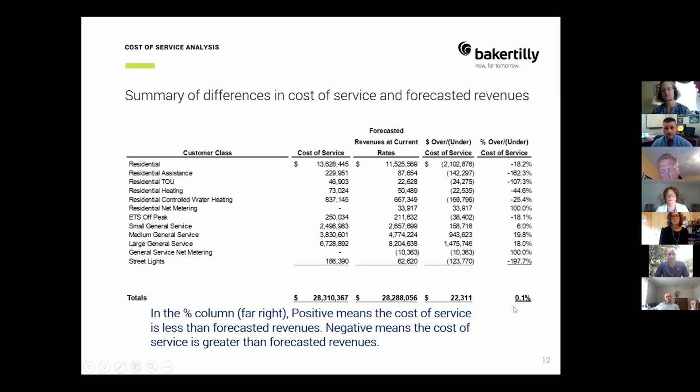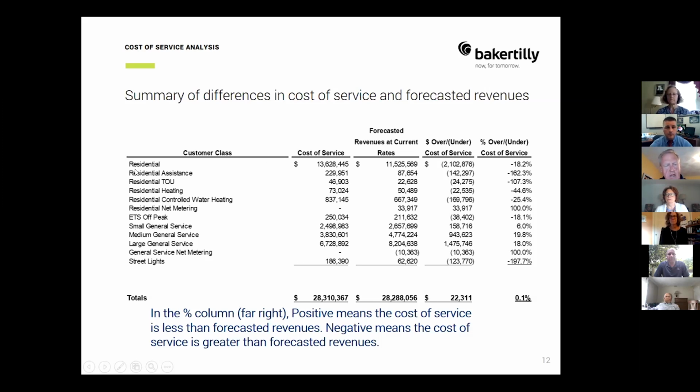So overall, you can see that cost of service and revenues are right on target. I mean, which is always a good thing. Some utilities you work for, you walk in and there's a big negative number here, which means there's a large rate increase that's needed just to meet the cost of service. But here you're pretty spot on with the forecast and the cost of service as we determine.